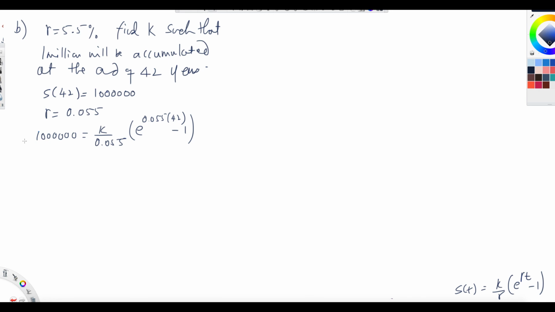So that is 55,000. If you multiply both sides by 0.055, you will get 55,000 equals k times 9.0744. So divide both sides by 9.0744.